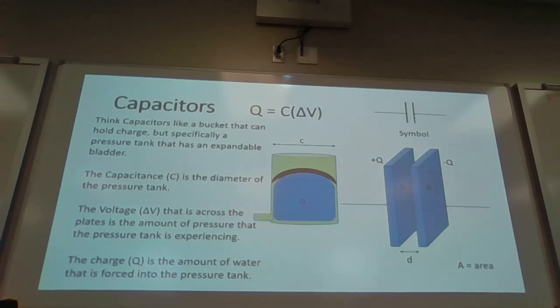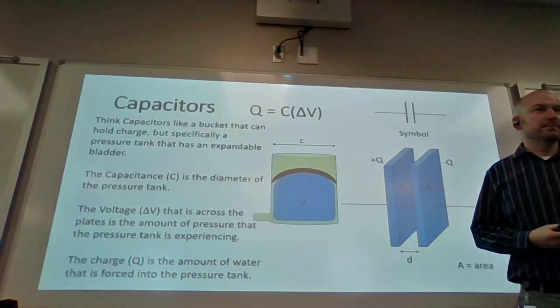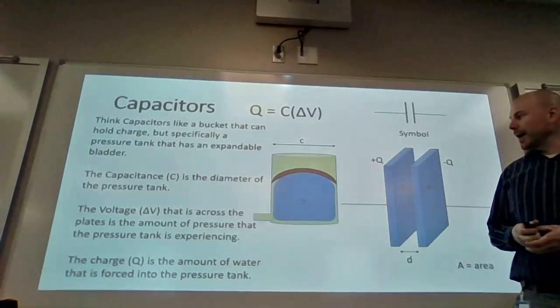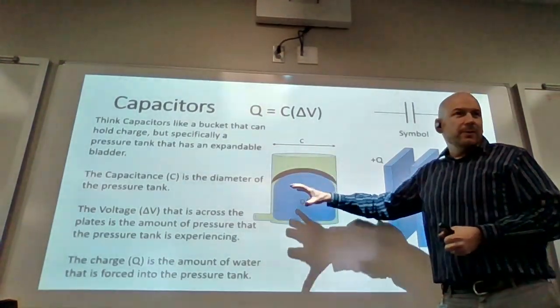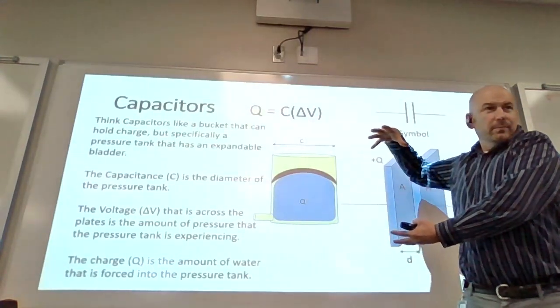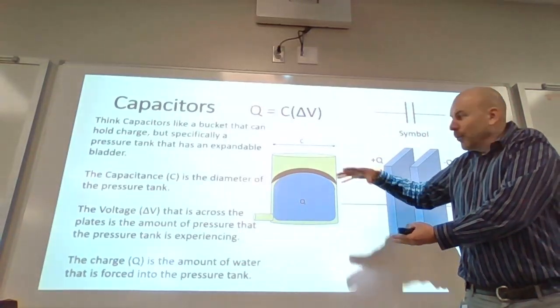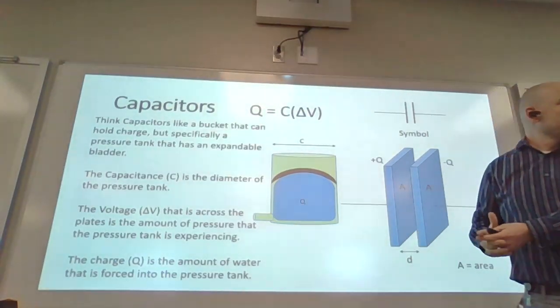Okay, so the analogy is it's like a pressure tank. It has an expandable bladder, so you can pump water into here, and that fills up. But there's pressure pushing back that wants to push it out.